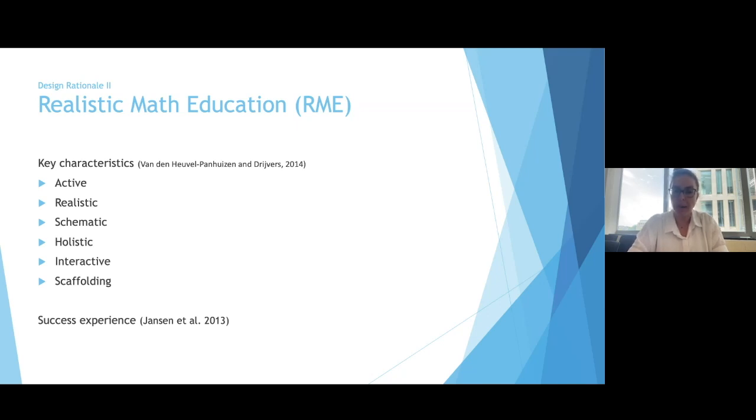For example, being active, realistic, holistic, interactive, and using scaffolding to enhance the success experience of the children while doing the math task. So the key is that the math is grounded in reality and that the education is active and interactive, a kind of learning by doing together. Next slide, please.